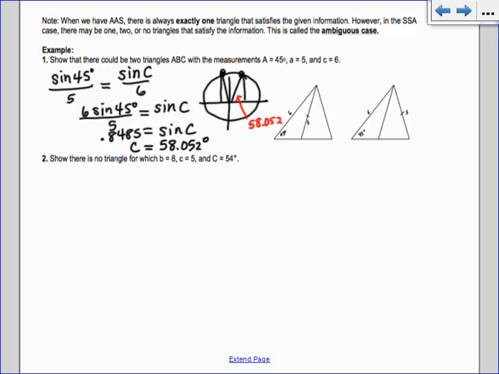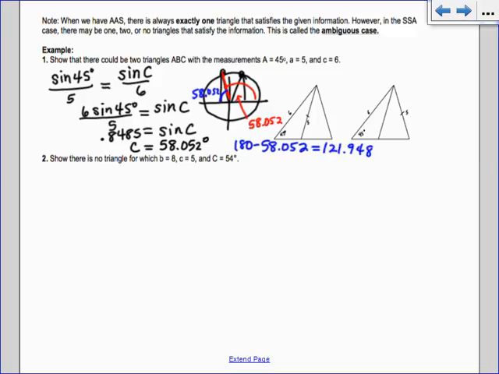The second angle is the angle from here around to this line right here. We use the fact that its reference angle is 58.052, and we do 180 minus that. So 180 minus 58.052 gives you the second answer, which is 121.948.